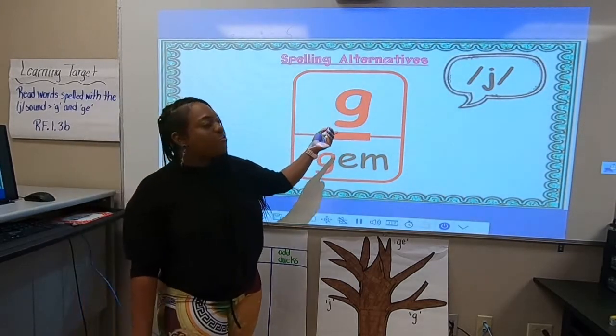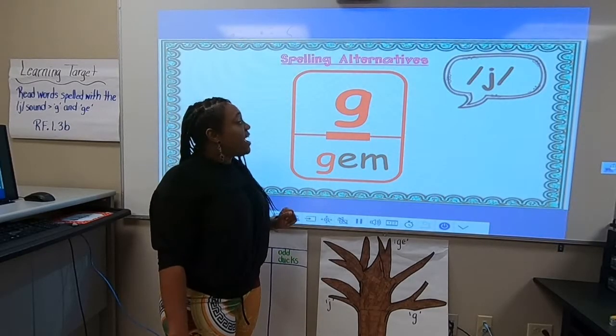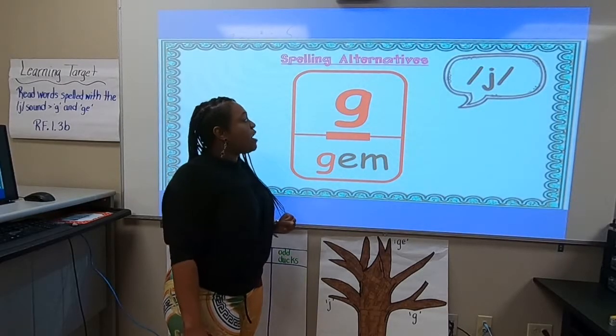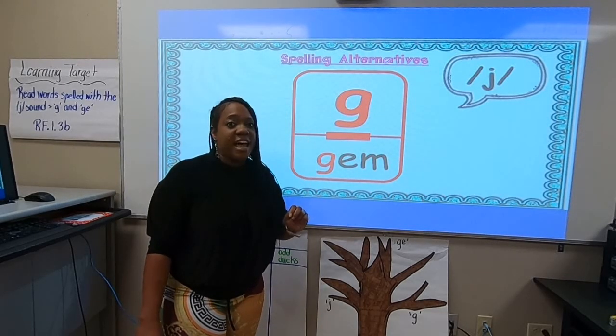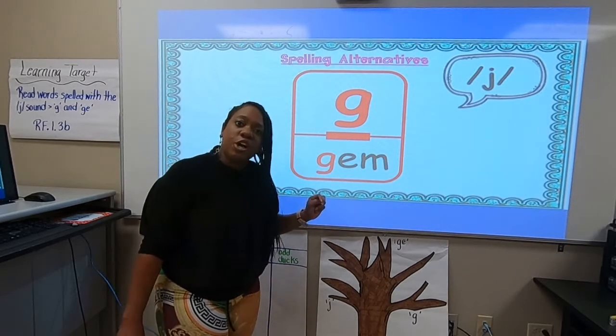Here's our first way. It is letter G, which has two sounds. It has G and J. So today we're going to be talking about the second sound, which is the soft G sound that says J.